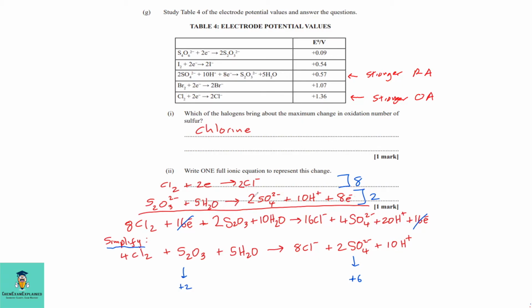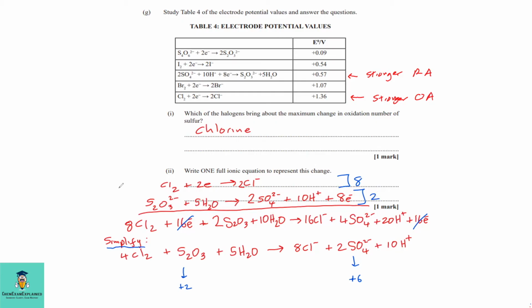Once we flip, we must sum the two equations. Now, in order to sum them, the electrons must be equal. So we're going to multiply equation 1 by 8 to get 16, and then we're going to multiply equation 2 by 2.